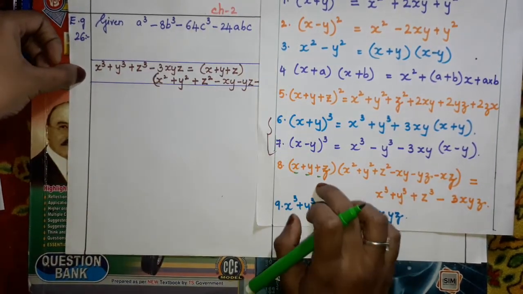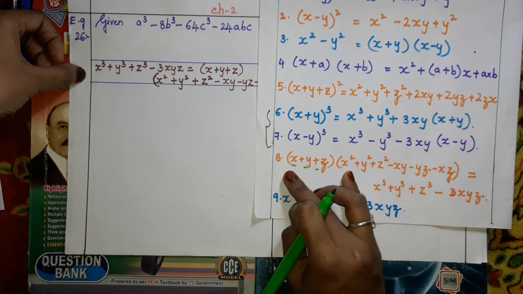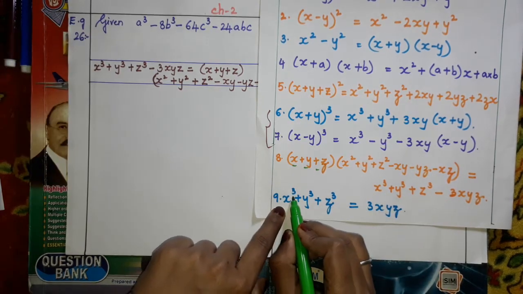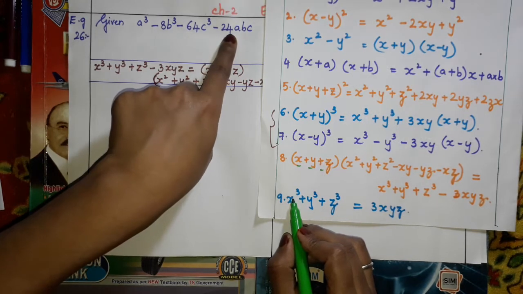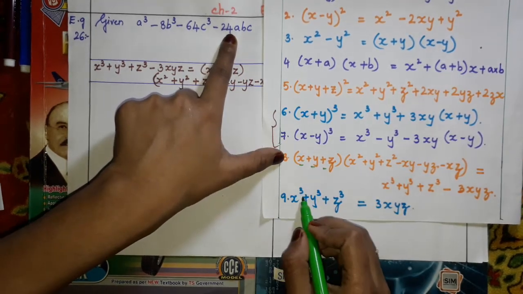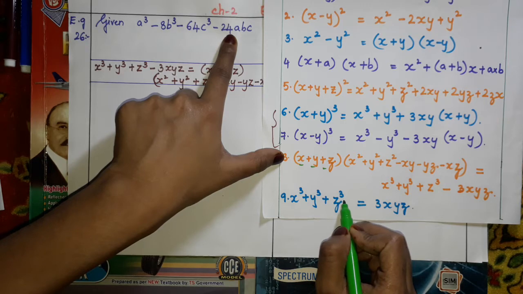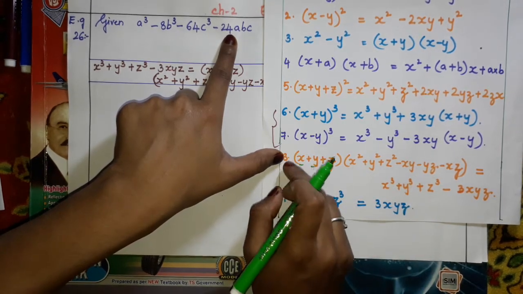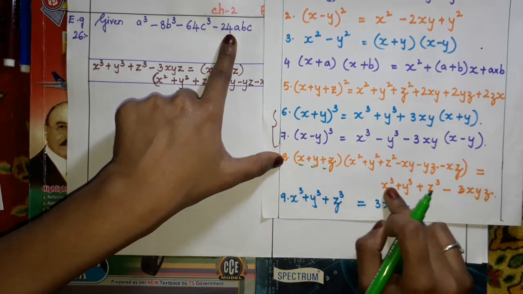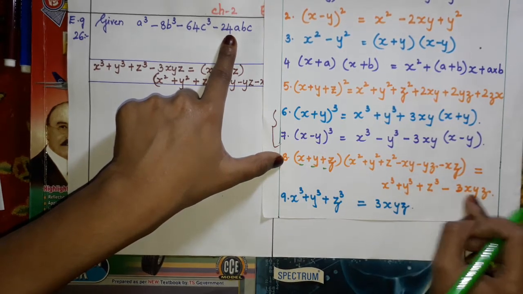So it is nothing but identity 8 itself, children, because here we have cube, cube, cube, and then one more term. But in the 9th identity, we have only 3 cubes and then we don't have any other term. So our formula is the 8th identity: cube, cube, cube, and one more term.